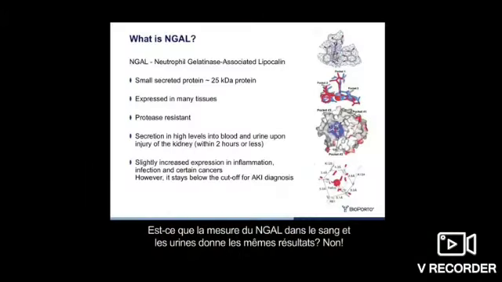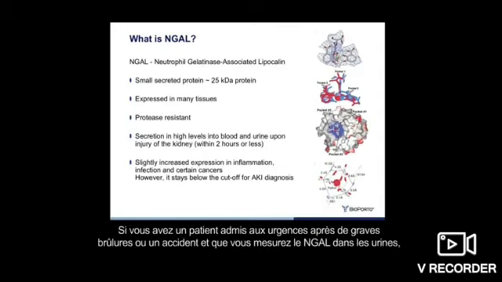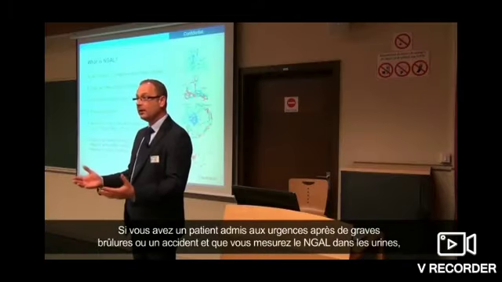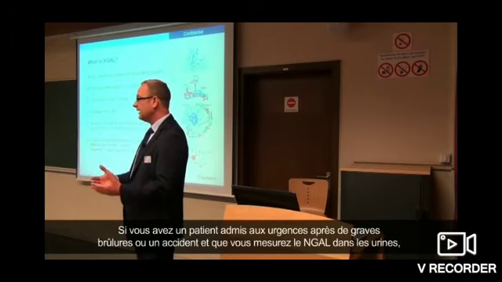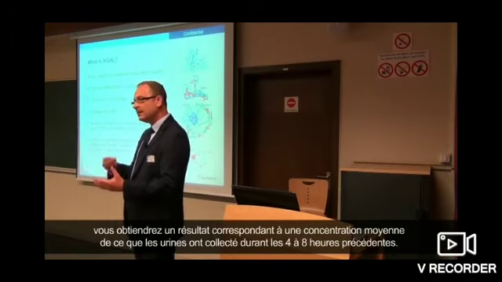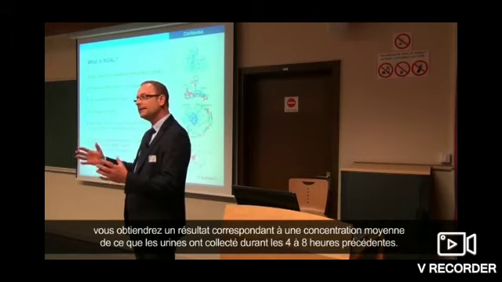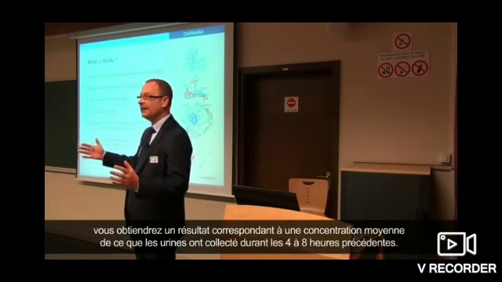Is it the same to measure? No. We know that. If you have a patient coming into the ICU, into the hospital after a burn or an accident, and you measure NGAL in the urine, it'll be a mix of whatever urine has been collected in the bladder during the last 4, 6, 8 hours.